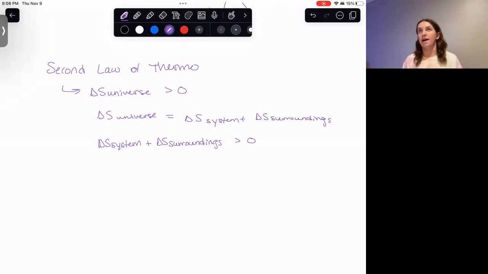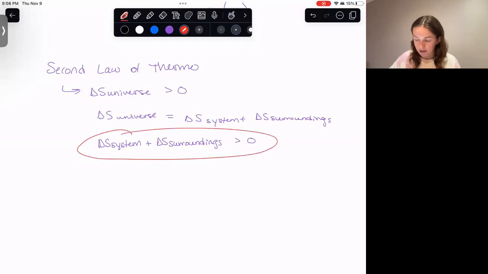Think about how we have delta G. We have 4 scenarios that can happen: always spontaneous, non-spontaneous, spontaneous at high temps, or spontaneous at low temps, right? We have 4 conditions for delta G. For delta S, we have 3, all relating back to this idea that the universe entropy always has to be increasing.